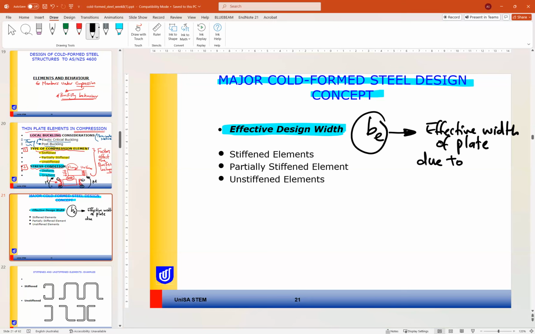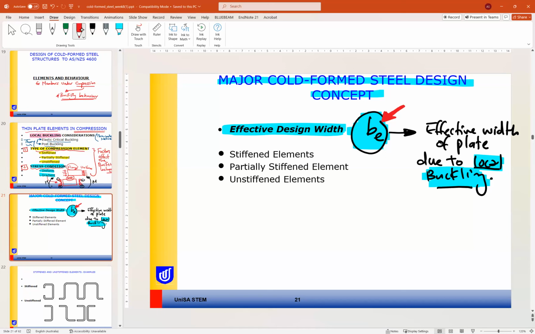Due to local buckling. So in this part of the class, we will be looking at how to find the effective width.